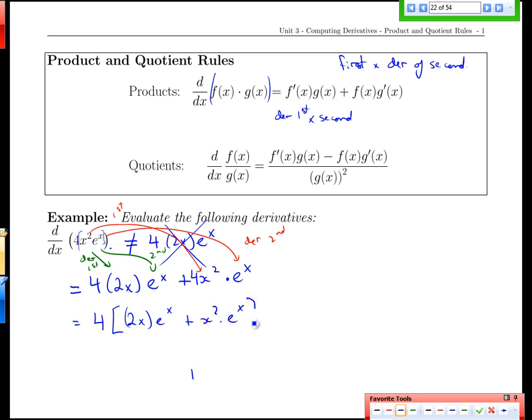And again, both of those are perfectly correct interpretations. It's just that one leads to a 4 out front being multiplied through all the terms, and one leads to a 4 already expanded into the individual terms. There's no real difference or preference one way or the other. The key thing for now is to memorize this product rule.